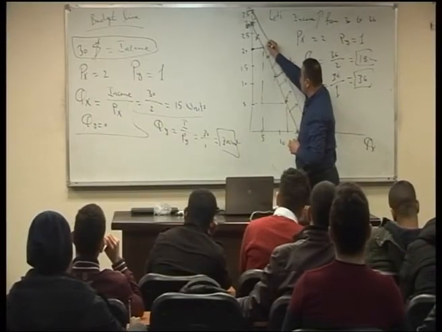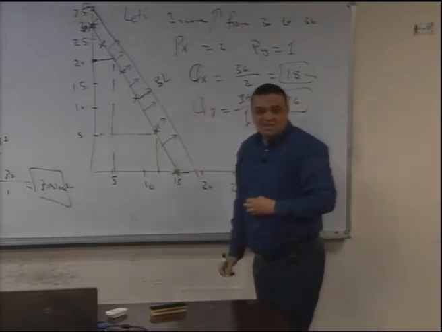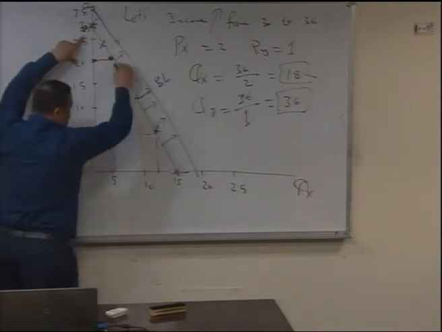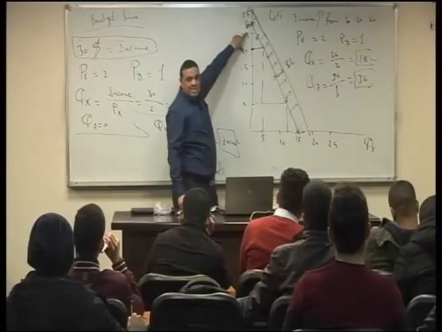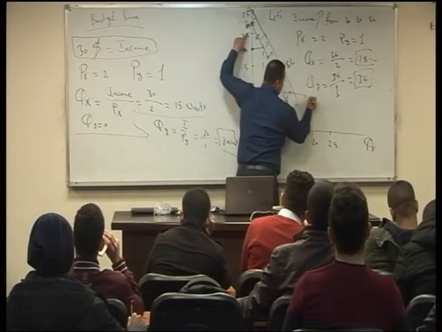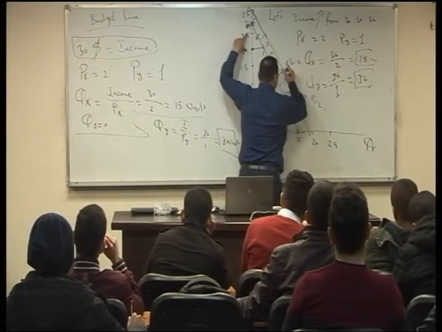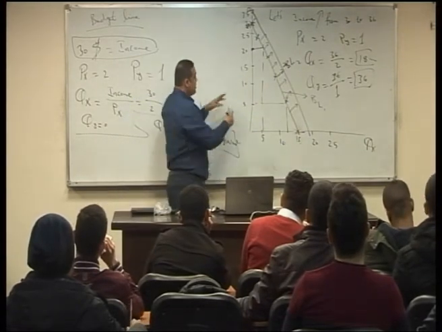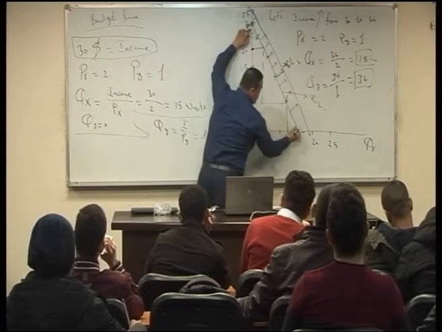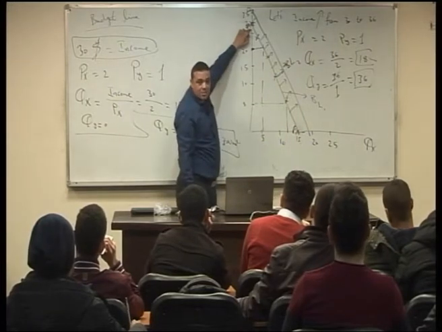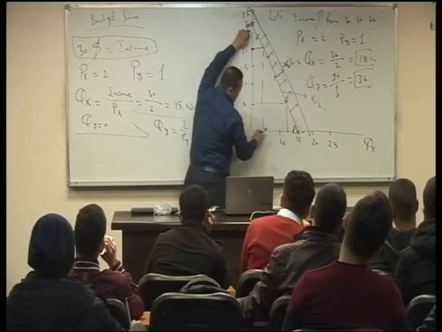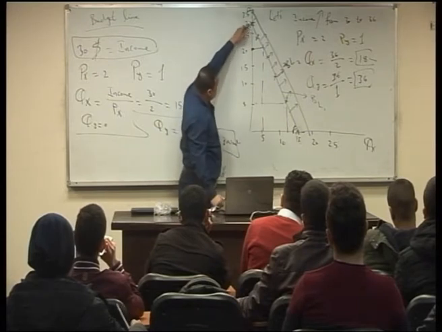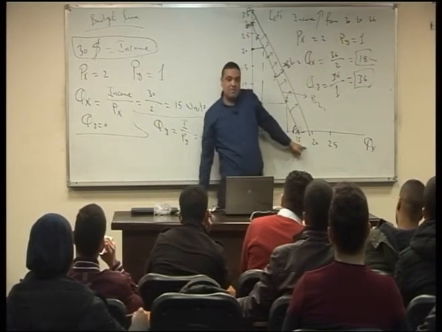If we calculate the slope here, we will see it is the same. How much is the slope here? The slope of budget line 1 and budget line 2. Let's calculate the slope of budget line 1. The slope here equals height over base for the first triangle. How much is it? 30 over 15.